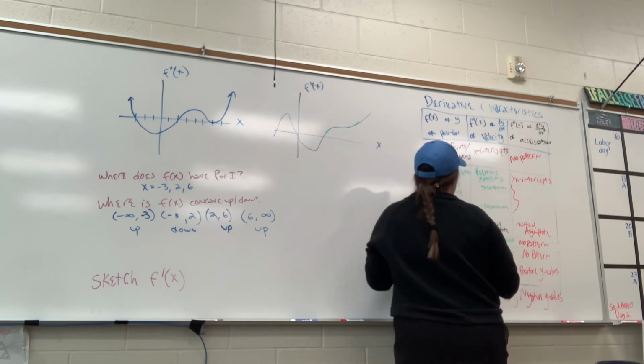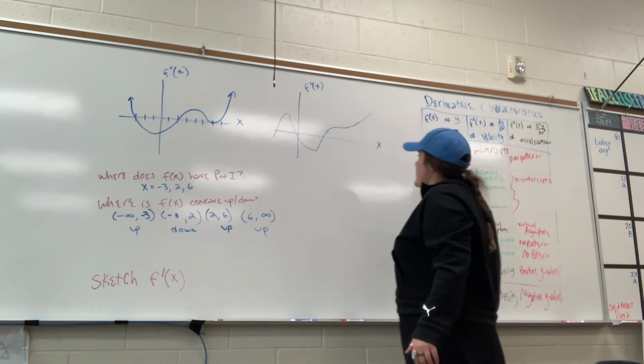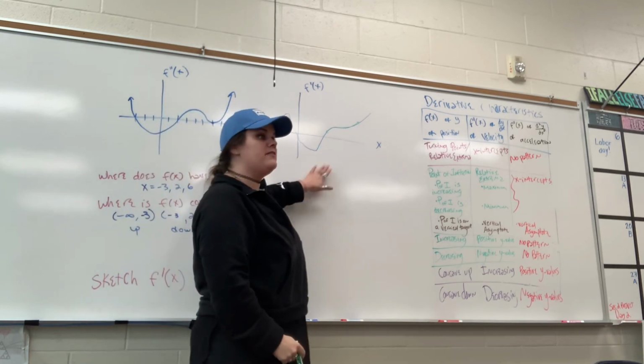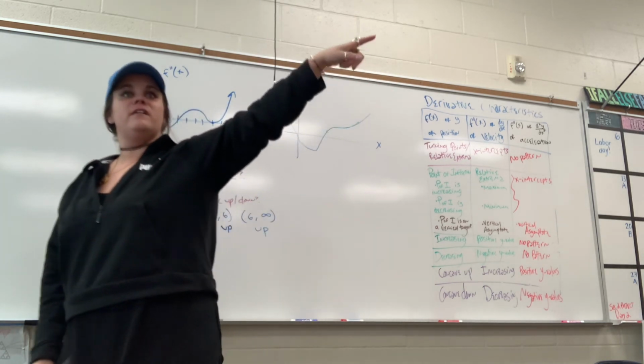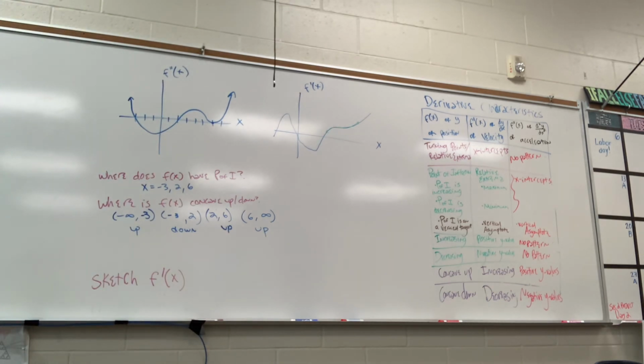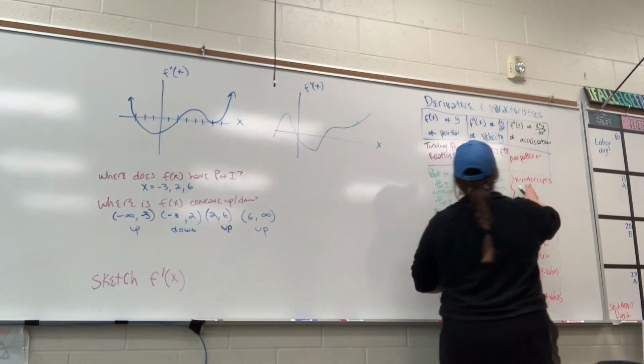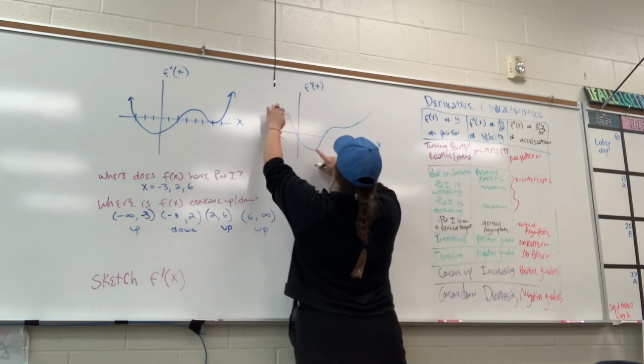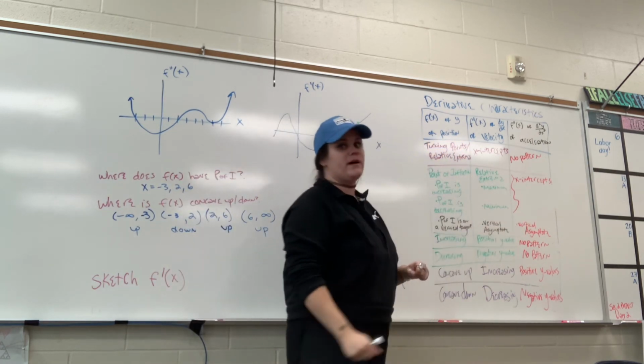So what's the only way this right here is true? That these x-intercepts create relative extrema on this, creating points of inflection on F. What's the only way that my x-intercepts of my second derivative are going to create relative extrema on my first derivative, creating points of inflection on my original?